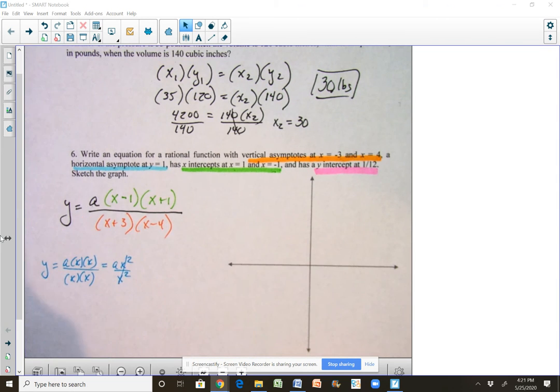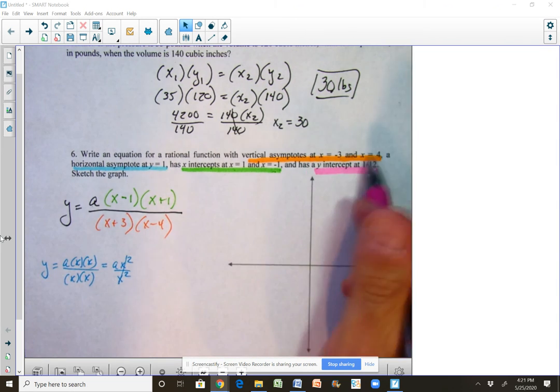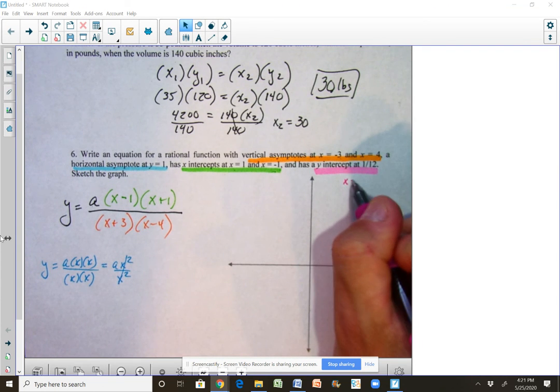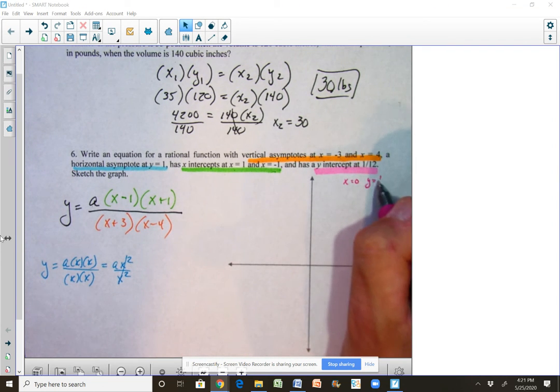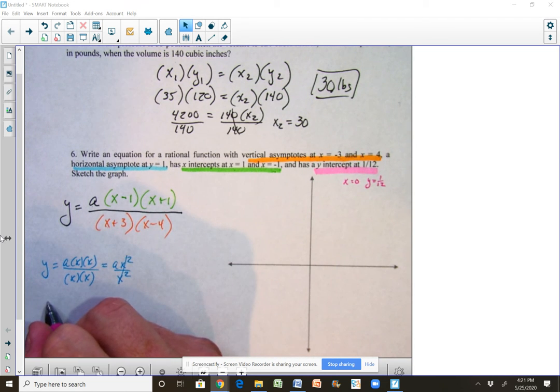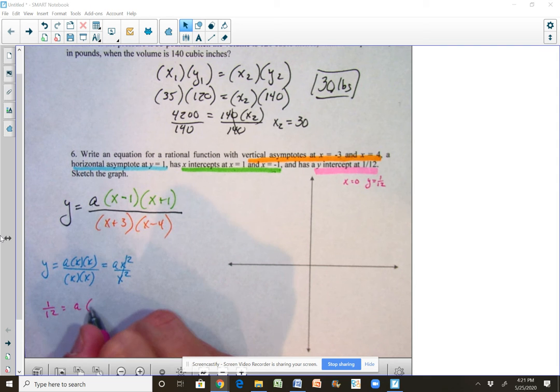You can also use the information with the y-intercept. And I could take this equation right here, and I can plug in x equals 0 and y equals 1/12. So 1/12 equals a times 0 minus 1 and 0 plus 1 over 0 plus 3 and 0 minus 4.